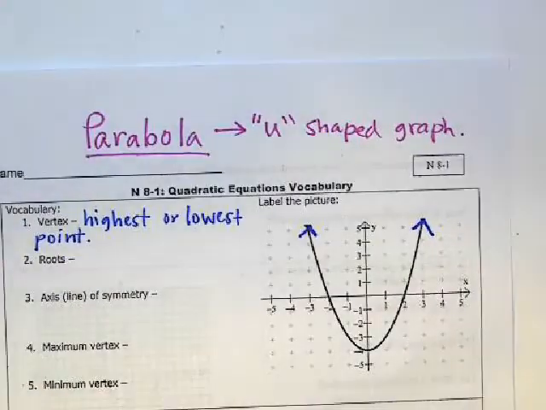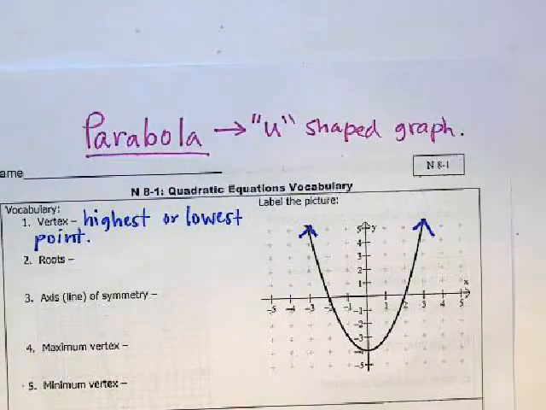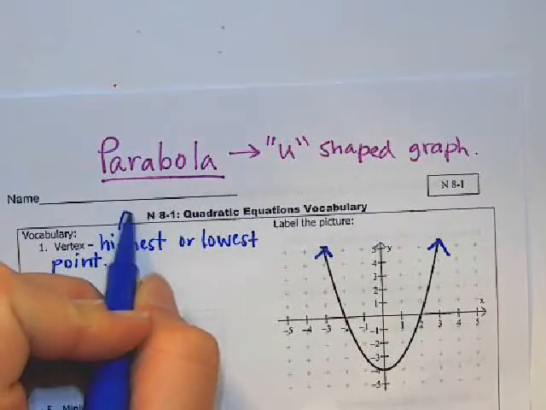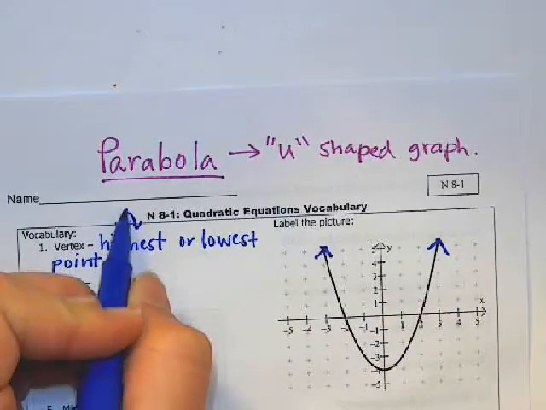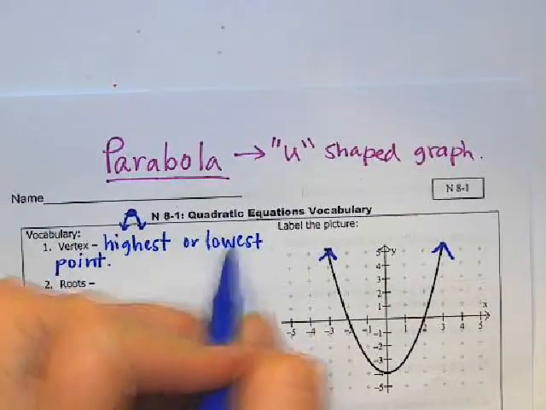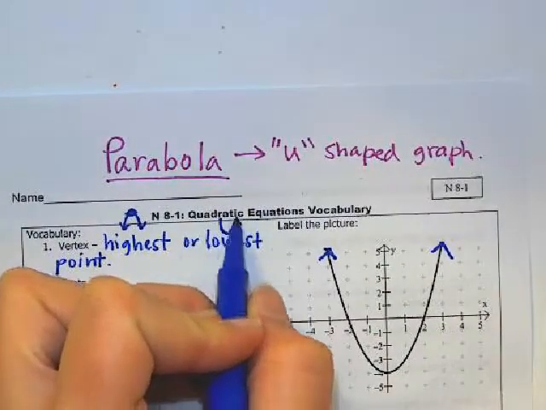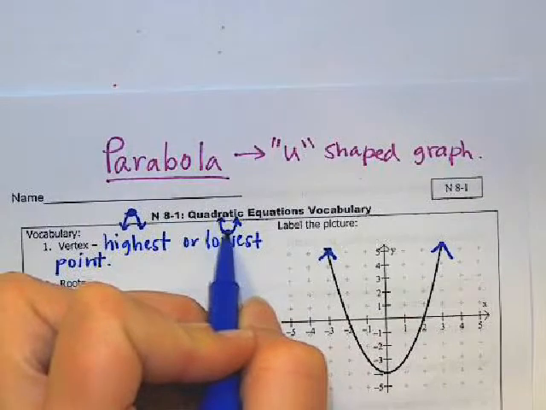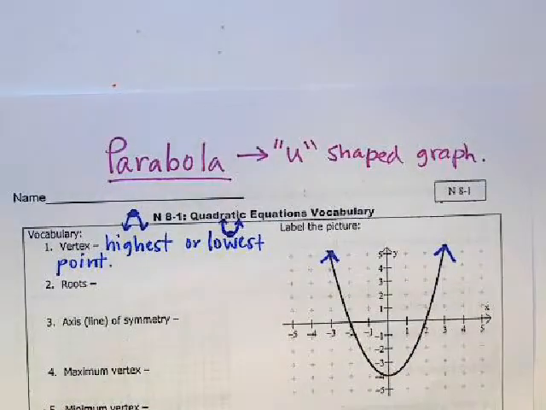Are arrows a point? No. Arrows go on forever. They're not a point. So my highest point would be a graph that looks like this, and my highest point would be at the top. My lowest point, go ahead and draw these, would be a graph that looks like this, and my lowest point would be at the bottom.